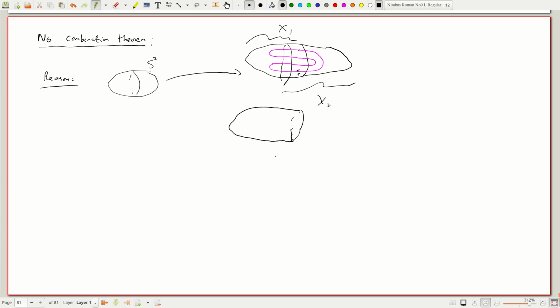We broke our loops into loops, so let's try to break our map into maps. Inside x2, it's the image of not a sphere anymore, but an annulus. And here it's the image of two disks.